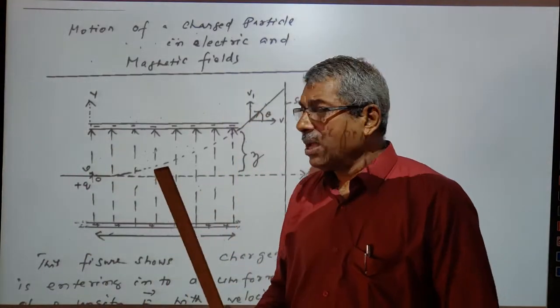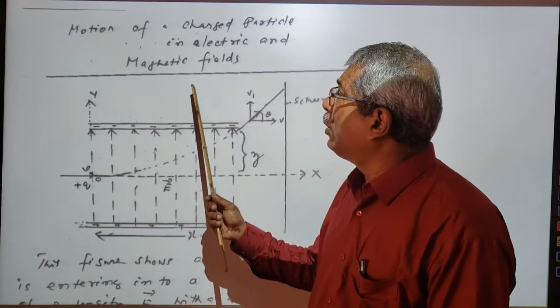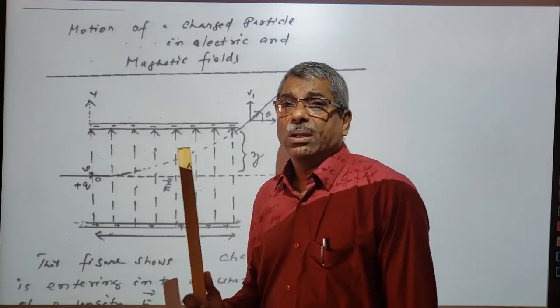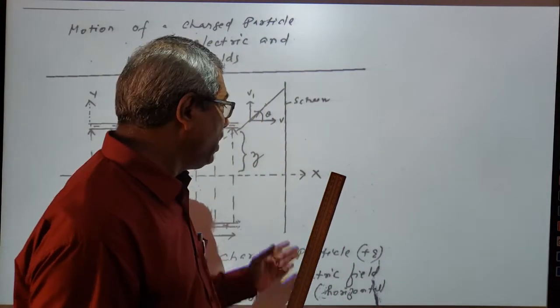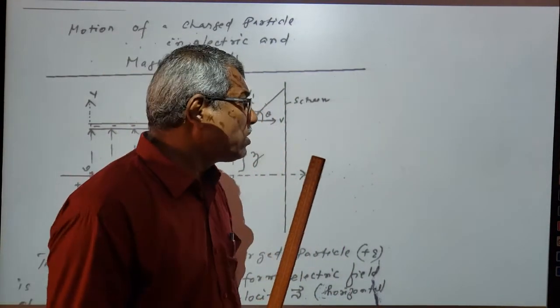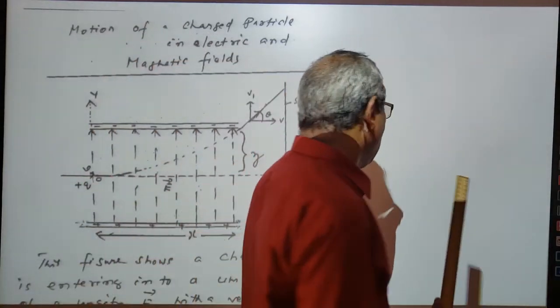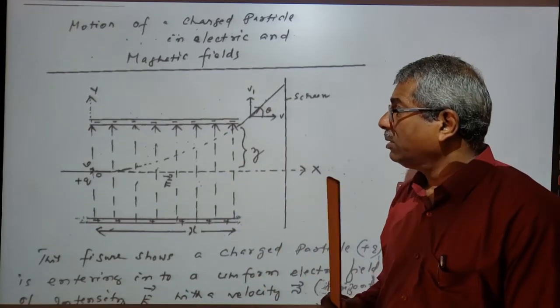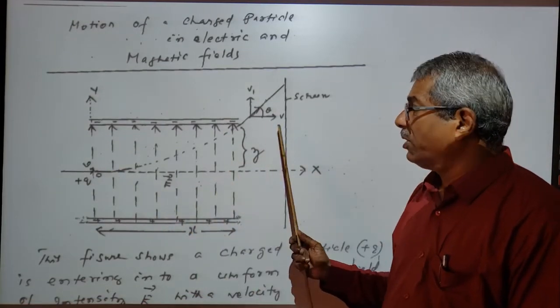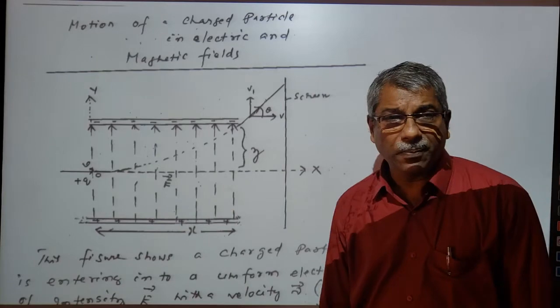In this case, first of all, we are going to discuss how a charged particle moves when it is set in an electric field. What is the kind of path followed by the charged particle in an electric field? This is an electric field created here.